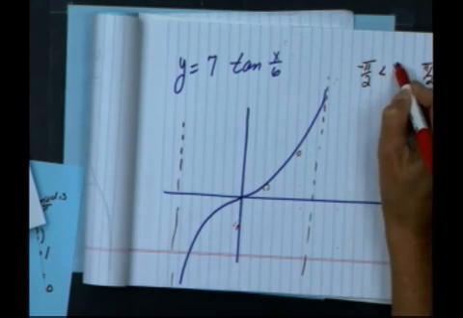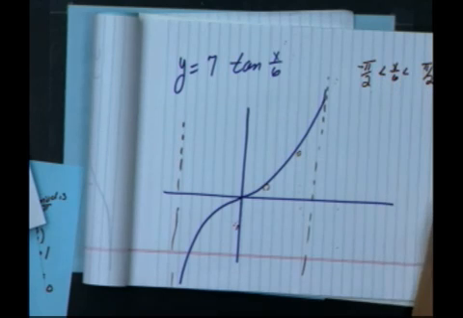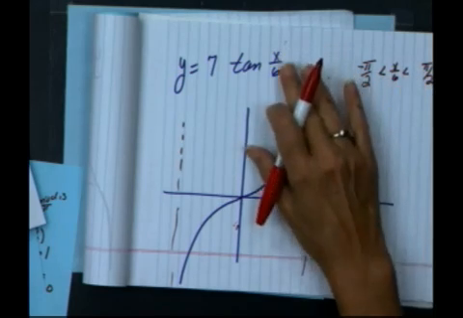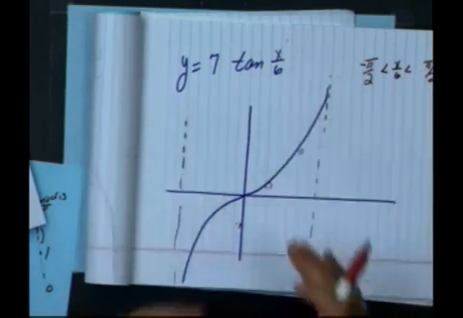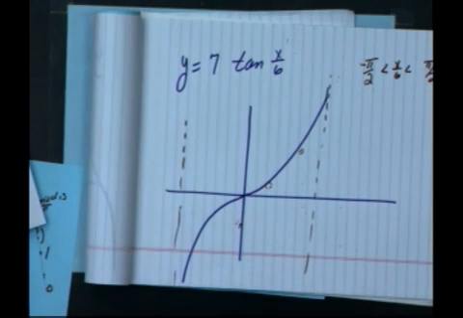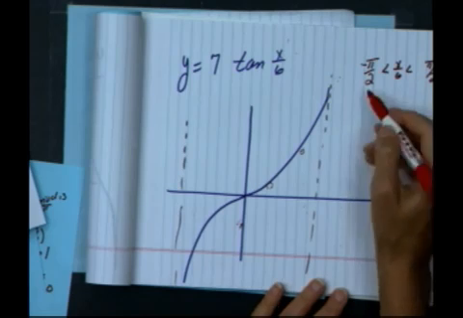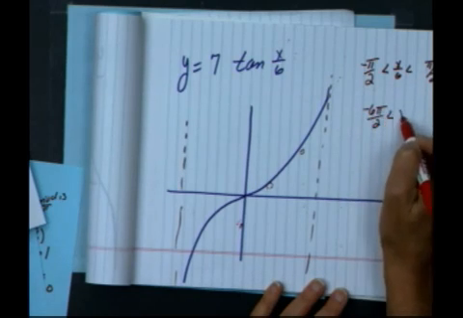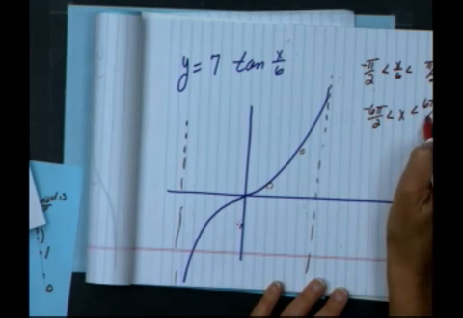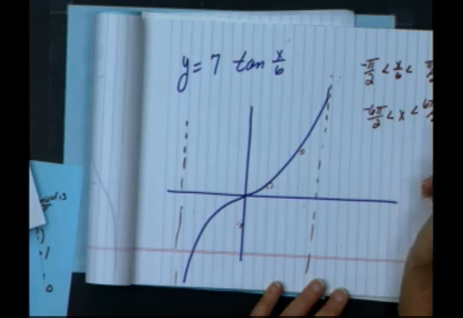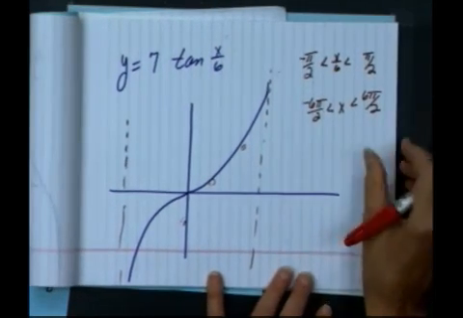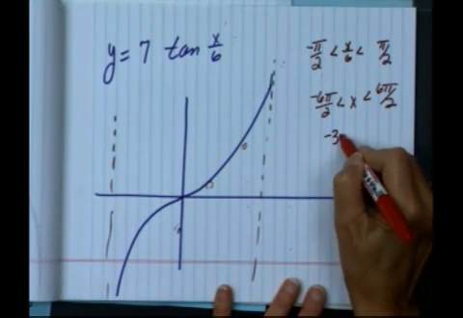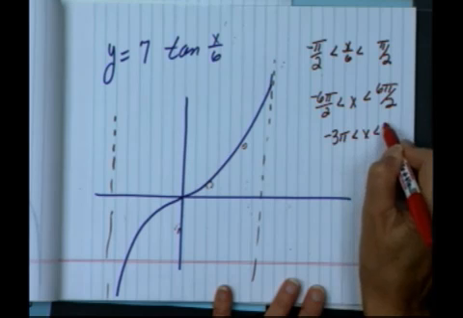Let's just stick that x over 6 in between, because we want to know all values of x that, when we put in x over 6, give me that tangent curve. So let's multiply through by 6, and we get negative 6 pi over 2 is less than x less than 6 pi over 2. And so negative 6 pi over 2 is negative 3 pi, less than x, less than 3 pi.